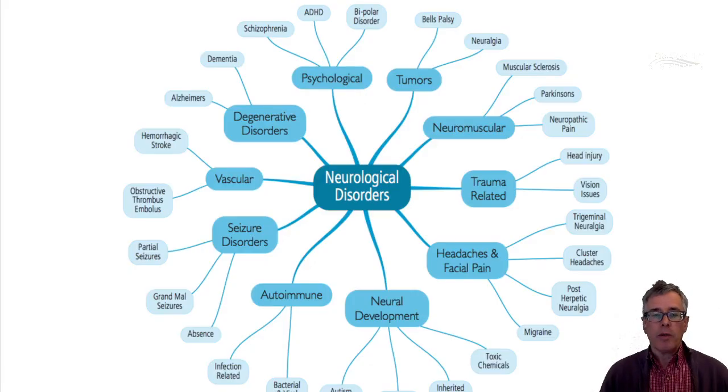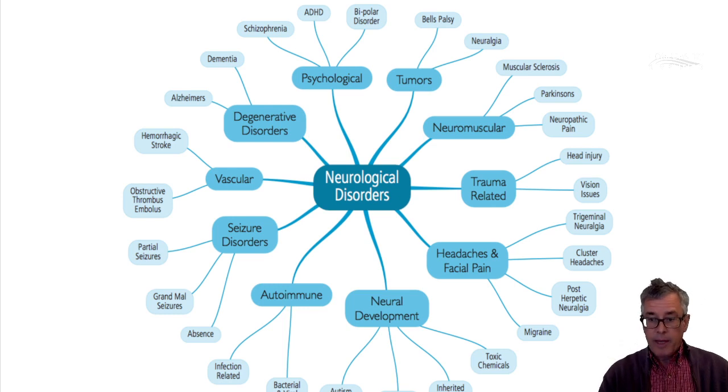So first of all, let's talk about what neurological disorders are again. In this instance, we're going to see the medium blue as being the general pathologies. I'm going to show on the right neuromuscular, leading to MS, Parkinson's, and neuropathic pain syndromes.